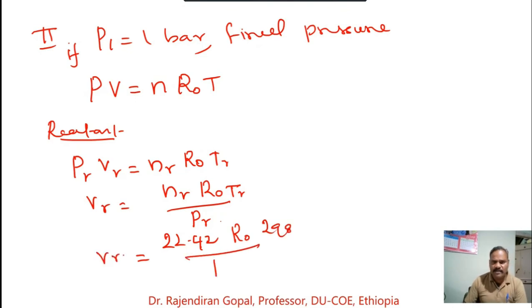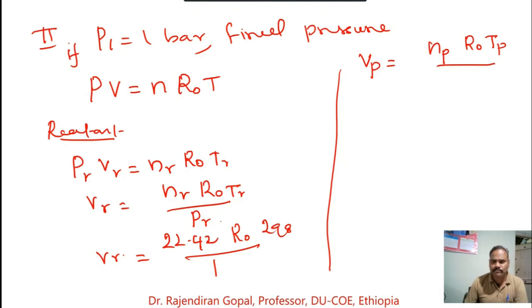Similarly, the volume of the product is equal to moles of product times R naught multiplied by T of the product over the pressure of the product. In a closed combustion vessel, the volume of the reactant is equal to the volume of the product.